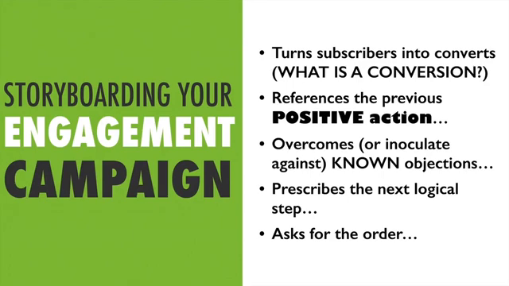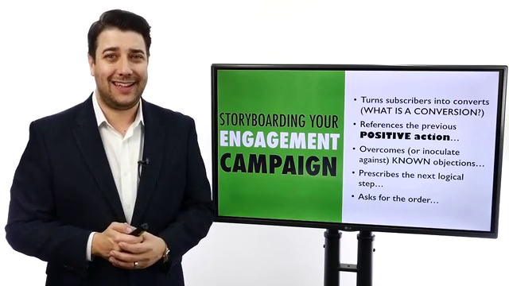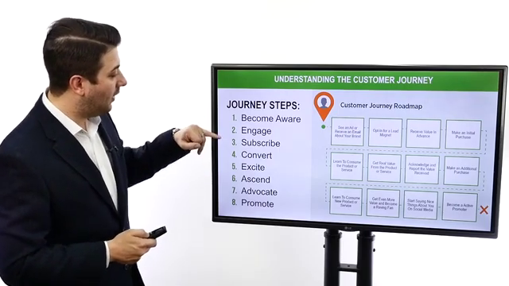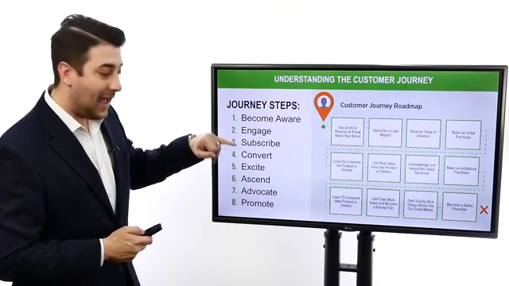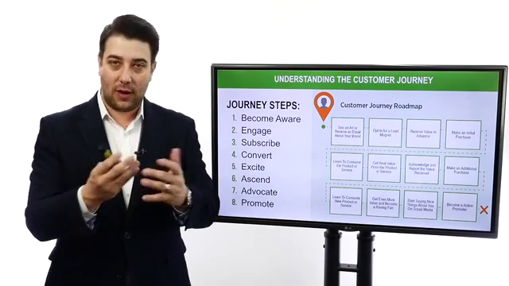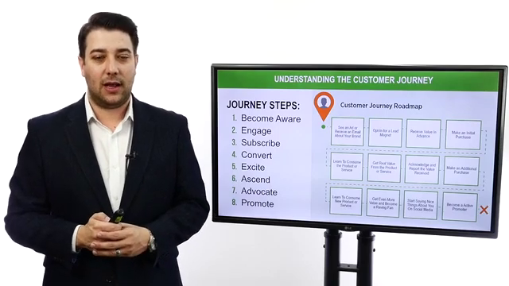We're going to tell them, if you're interested in this and you did this, here's what I need you to do next. And then we're going to ask for the order. And that's everything we're going to go through in the engagement campaign. So again, in the customer journey, we're focusing on subscribers that haven't converted. This is where we're going to convert, and whatever that means to you, we're going to convert a large number of subscribers in this campaign.